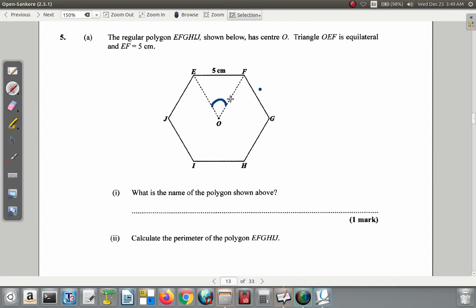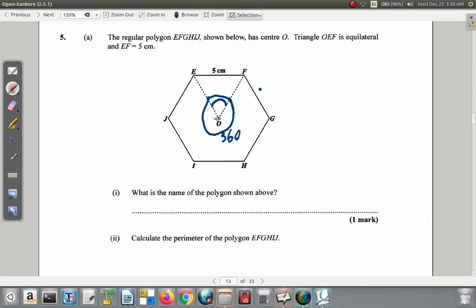Now if you have all of this, let me start here, from here going all the way around, this big angle going right around. You know what this angle would be? It would be 360 going all the way around. But then guess what? It is a regular polygon. Since there are 6 sides, the question is, how many parts would this angle be cut up in?